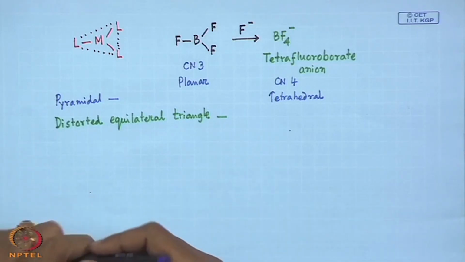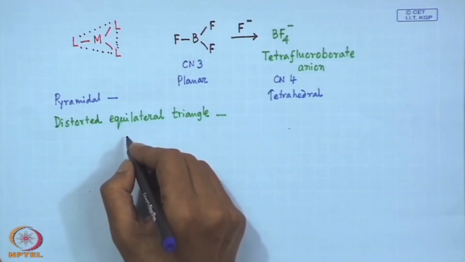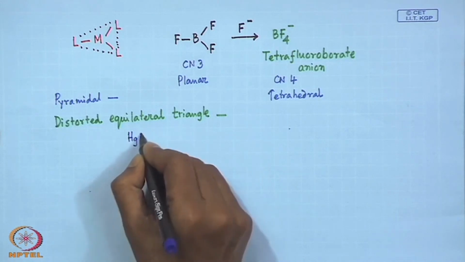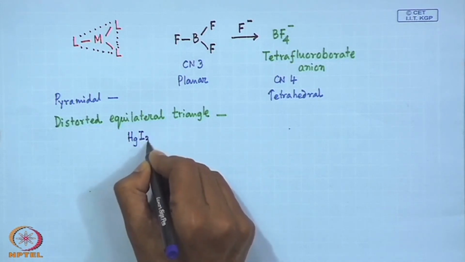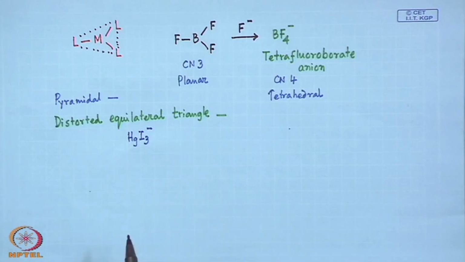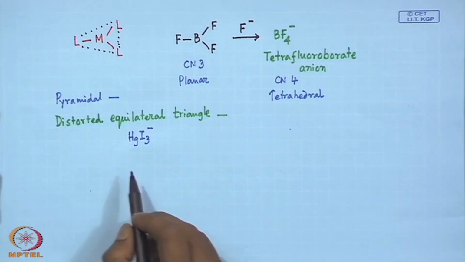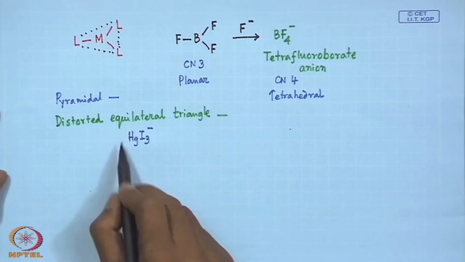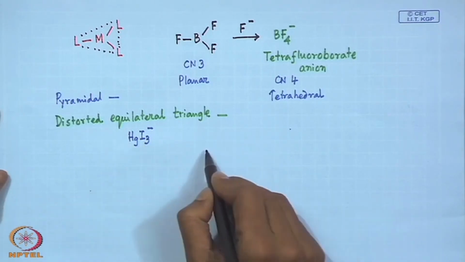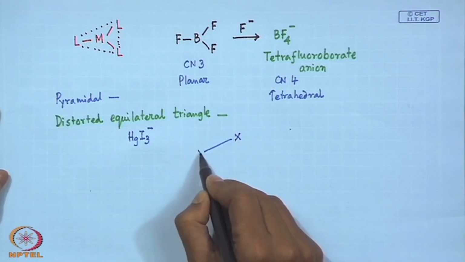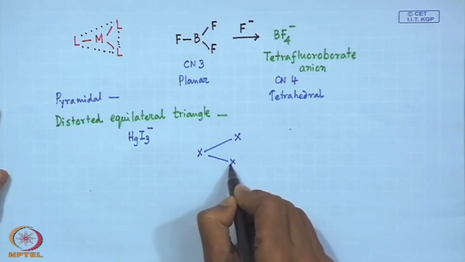And these are also possible to have with silver triiodide as AgI3 minus, which gives us a corresponding distorted equilateral triangle geometry, or sometimes in some particular case this is moving from the planar structure which we can have with the 3 ligands.